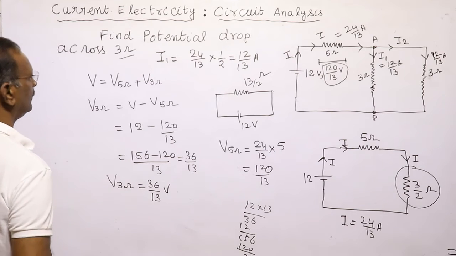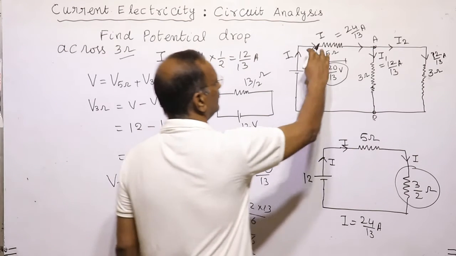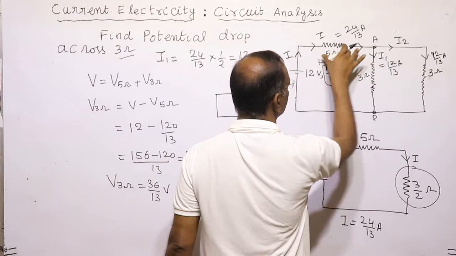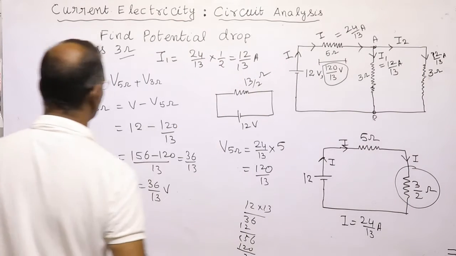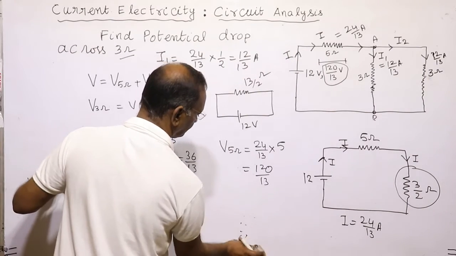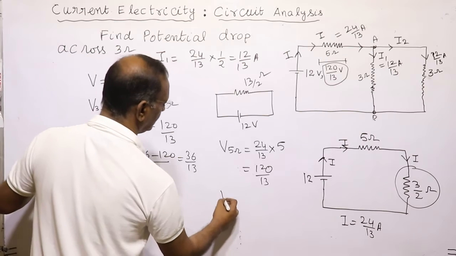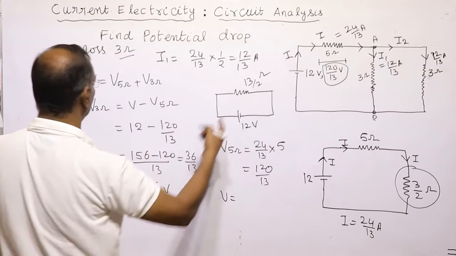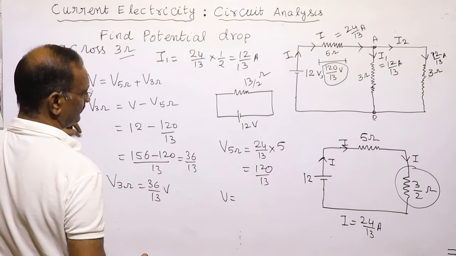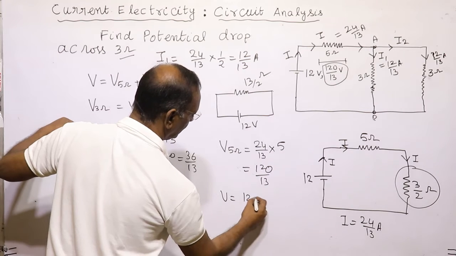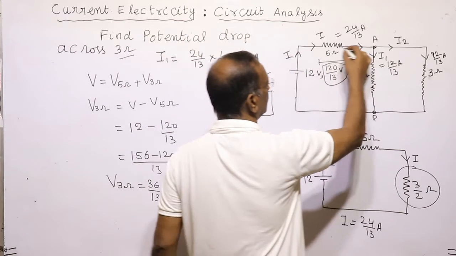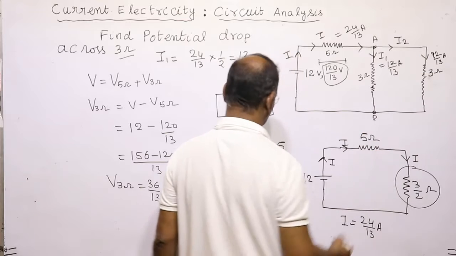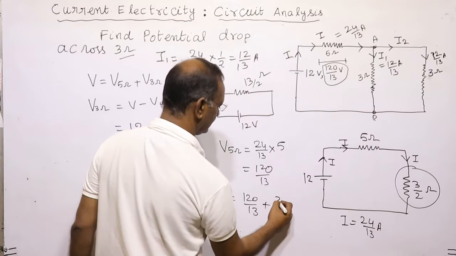Let us calculate: voltage across this plus voltage across this is equal to the net voltage of 12 volt. So the net voltage is equal to the voltage across 5 ohm, 120 by 13, plus the voltage across either this or this, 36 by 13.